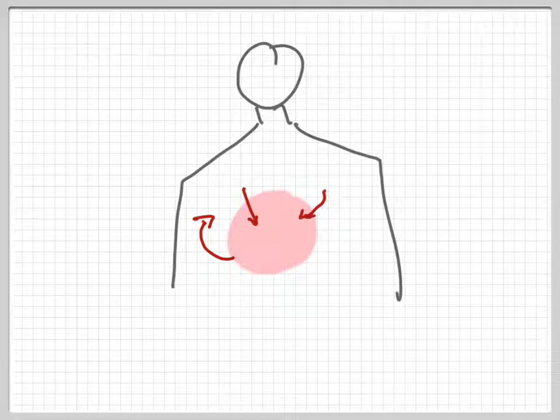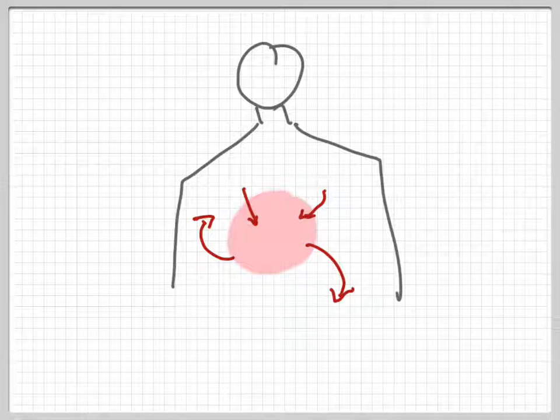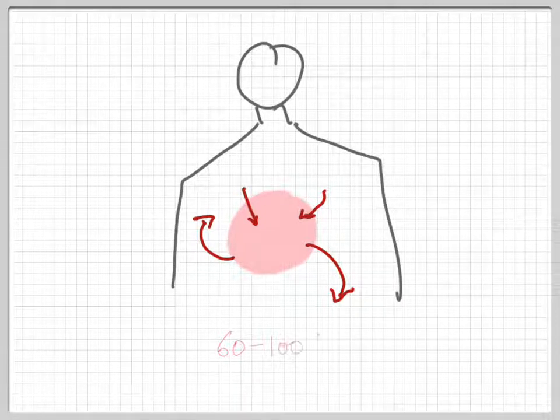Then it is brought back to the heart and then pumped out to rest of the body. This is how our heart moves the blood and then pushes nutrient and oxygen supply to rest of the body. So it's a very important function, and it does it about 60 to 100 times per minute. That's our heartbeat. So every single time your heart beats, all these four functions are happening.